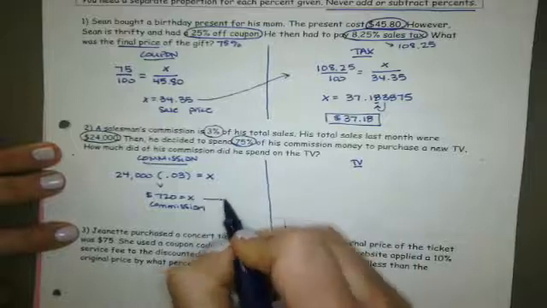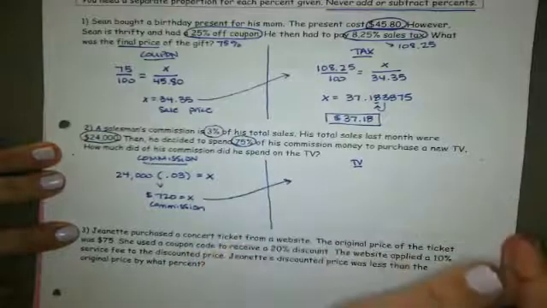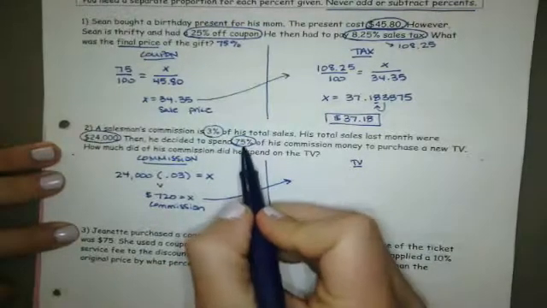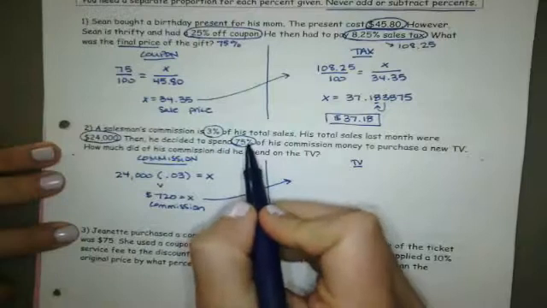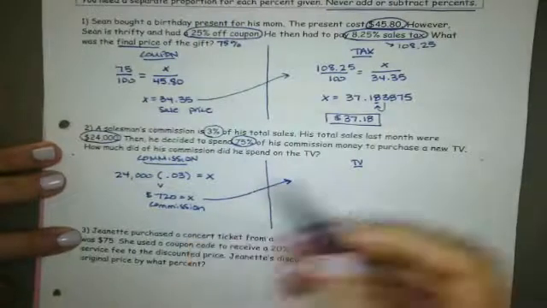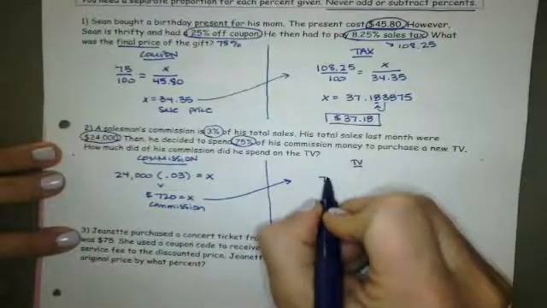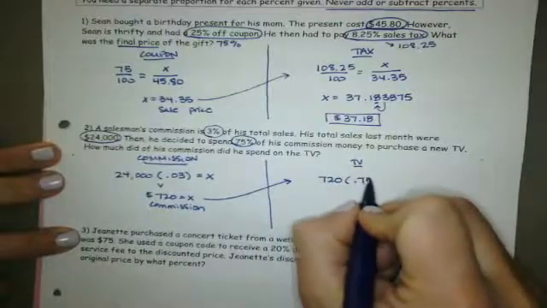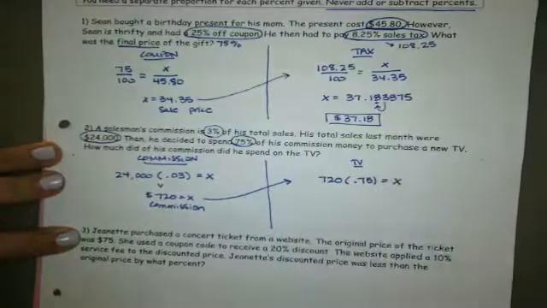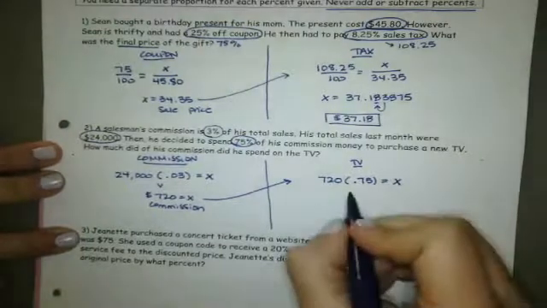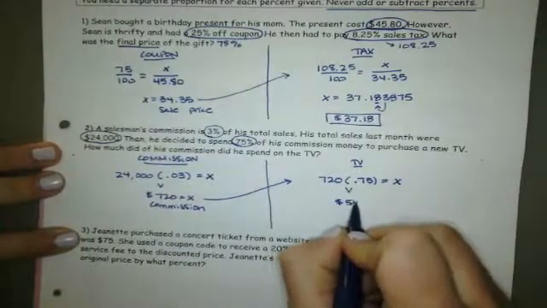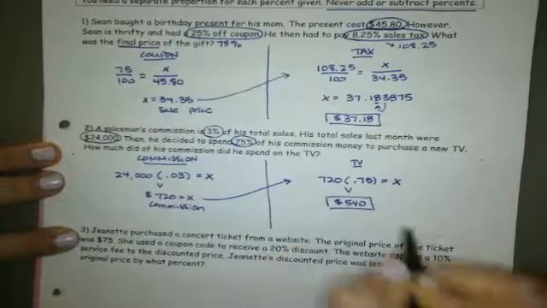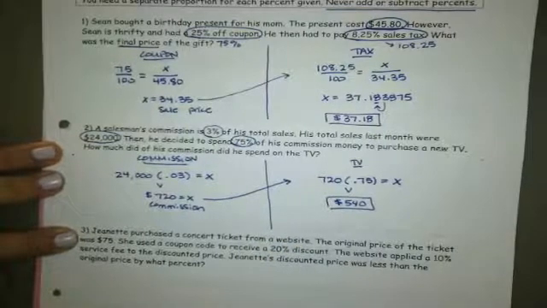So now again, I'm going to take that and draw an arrow over here. And now he's going to spend 75% of that 720. So now the 720 becomes the new whole. And we're trying to find 75% of it. Okay, so there's my equation. And I get $540 for my final answer.